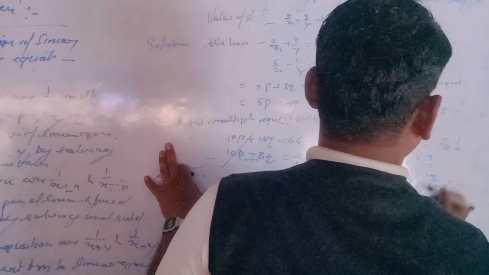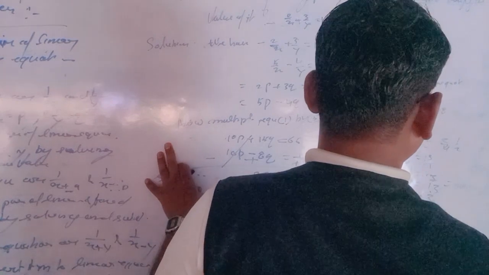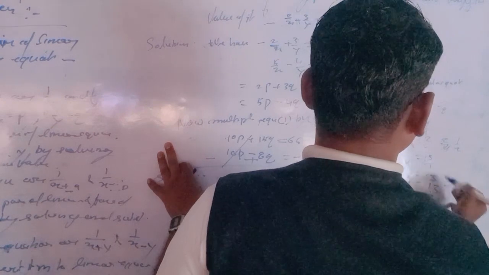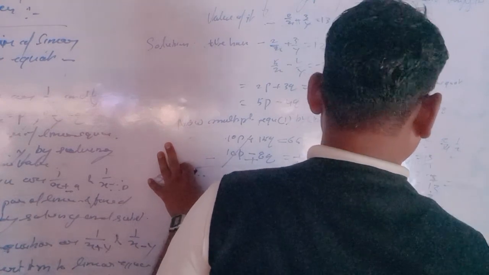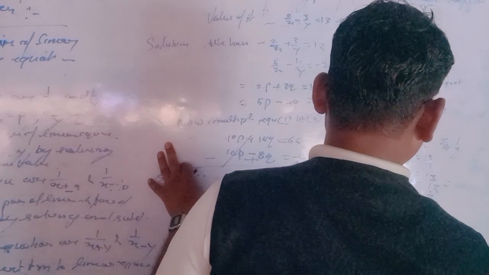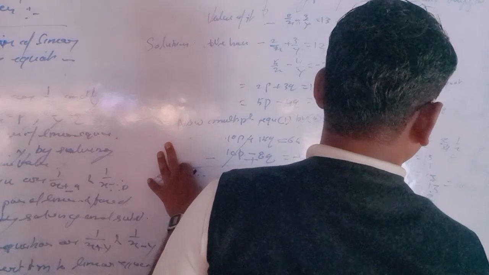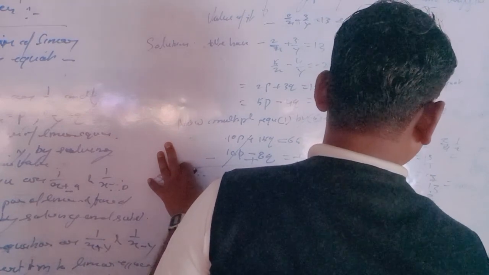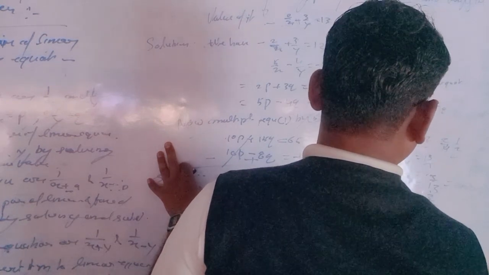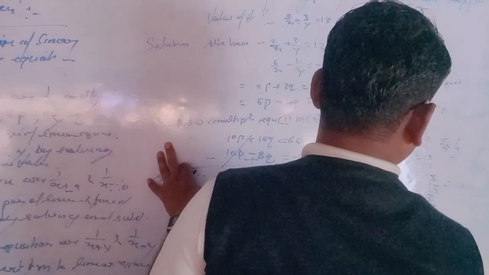Here the value of x is 1 by 2. So 2 divided by 1 by 2, 2 twos are 4, plus 3 by y, where the value of y is 3 by 13, gives 39 by 3, which is 13. So 4 plus 9 is 13.